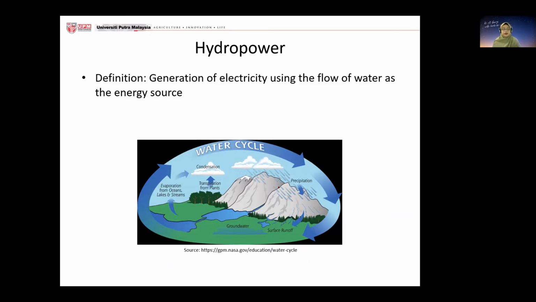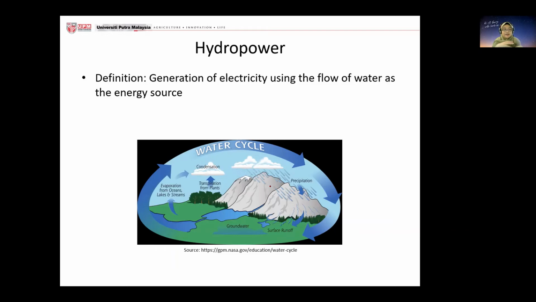Because usually this is our source of water, right? So imagine when it's raining on top of the mountain. Remember back when we talked about potential energy. Things that are elevated at a higher height will have more potential energy.